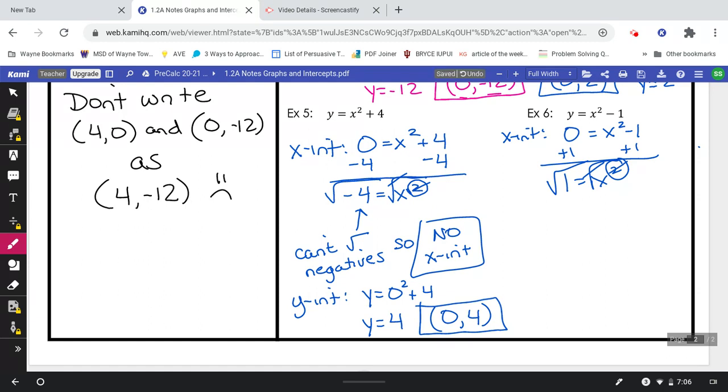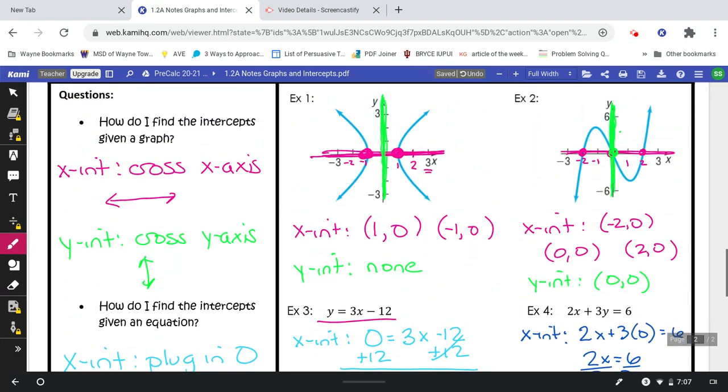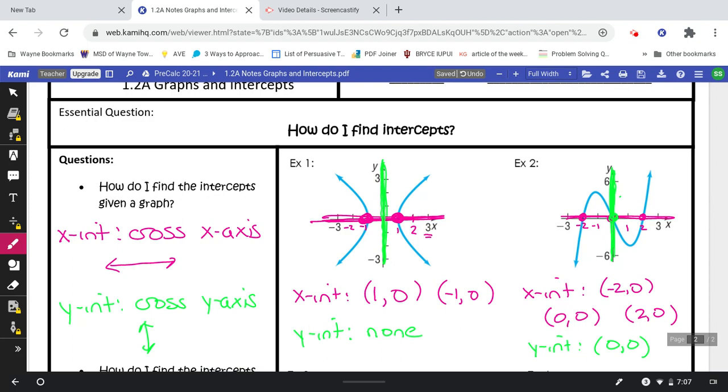But here, when I square root the 1, I actually can take the square root of it. So I'm thinking about what number times itself will get me 1. Well, there's actually 2 answers. Positive 1 times positive 1 is 1, and negative 1 times negative 1 is 1. So that's when the special plus or minus sign comes in. And then equals x. So my 2 answers here are (1, 0) and (-1, 0). And those are my 2 x-intercepts. So that just means that it crosses the graph twice, which is similar to what happened on example number 1.